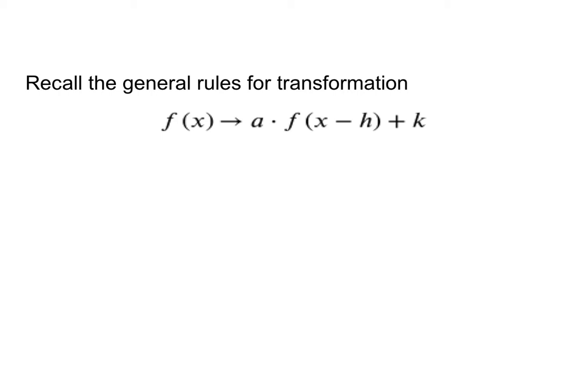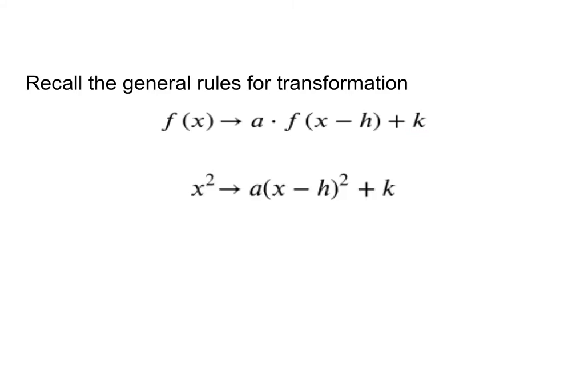First, I want you to think about how we do any transformations to any function, where we've got the general rule that some function f of x can be transformed by multiplying by a. The entire function is multiplied by a. The x variable can have a value subtracted from it, and the whole function can have a k added to it.